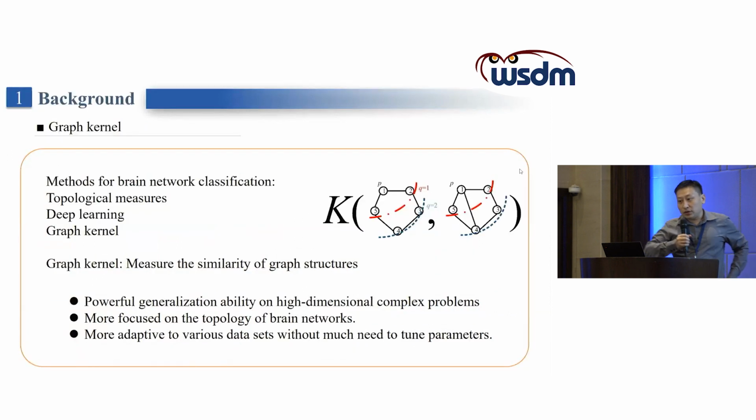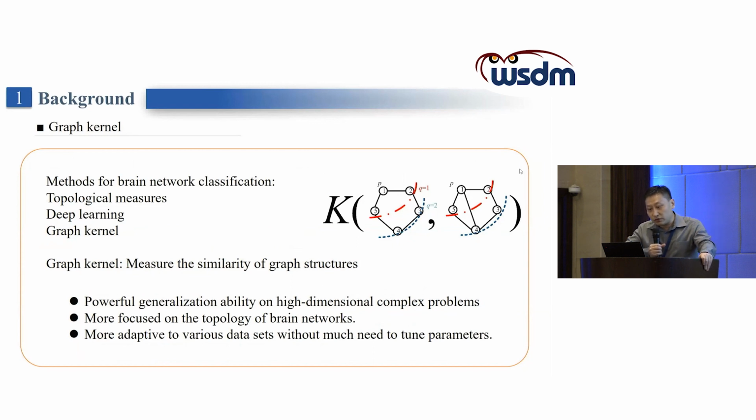With this setting, we use graph kernel to compute this. Graph kernel computes the similarity between two graphs, and the dimensions along which we can compare similarities include topological measures, and of course you can also carry out deep learning. Usually for graph kernel methods, we measure the similarity of the structures.